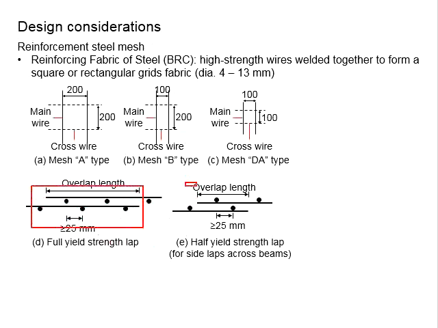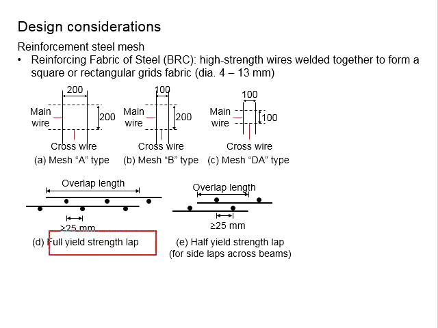If you still cannot observe the difference between these two, you can imagine it like this. If you do not have the section here for the bottom BRC, that means this crossing reinforcement will be the first reinforcement, and this will bring you to the half yield strength.